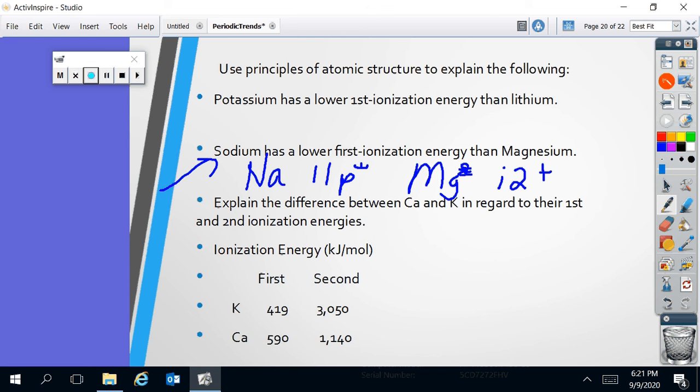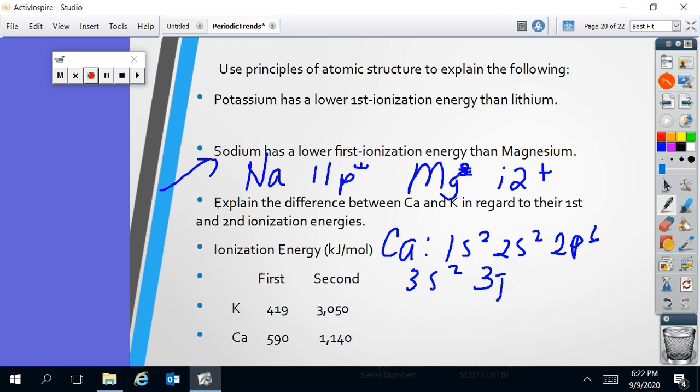And then the last problem: explain the difference between calcium and potassium in regard to their first and second ionization energies. Well, if you write out the electron configuration for calcium, it is 1s2, 2s2, 2p6, 3s2, 3p6, and 4s2.